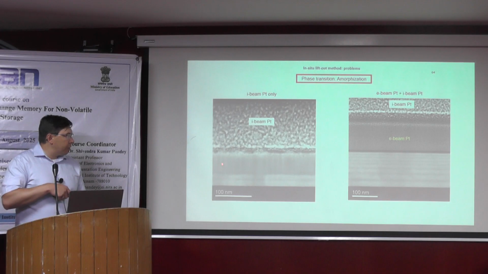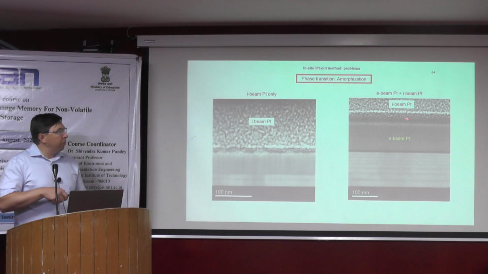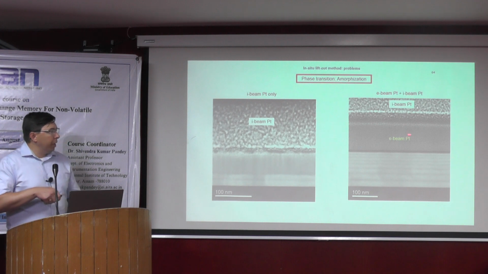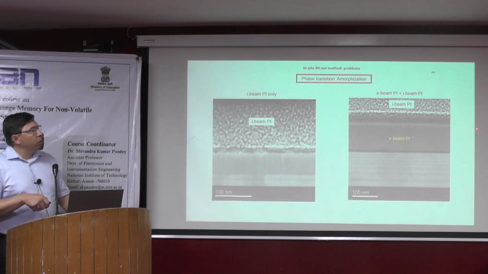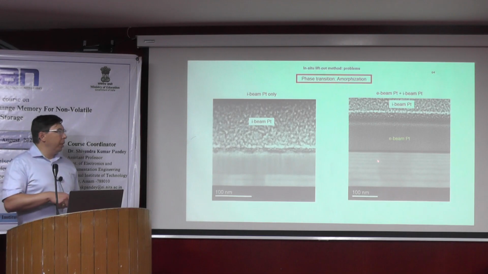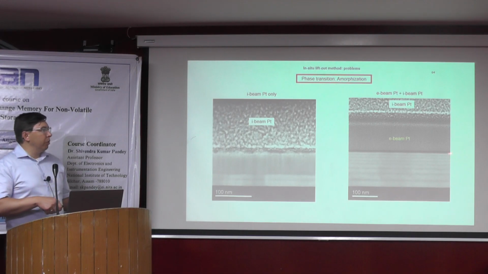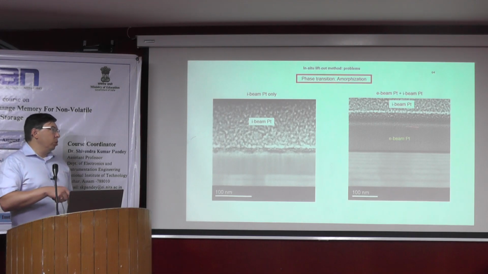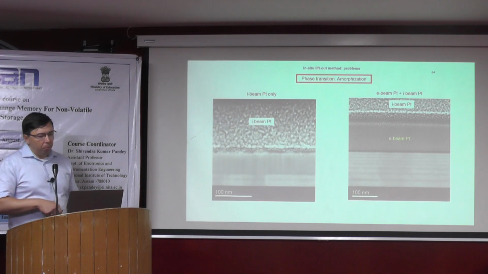But as we recognized this problem, we said we need to use the electron beam platinum layer. Why did we not use it before? Because we also used a protective layer, titanium aluminide, to protect the surface of the chalcogenide materials from oxidation. We thought that with such a protective layer, we didn't need electron beam platinum.